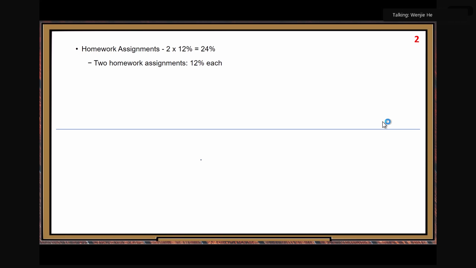Small assignments, I treat quizzes as small assignments. We will have 6 quizzes in total. So there are 6 small assignments. Then 2 homework assignments, 2 big assignments. Homework assignment number 1 prepares you for the midterm. Homework assignment number 2 prepares you for the final. So you can see these 2 assignments are very important.